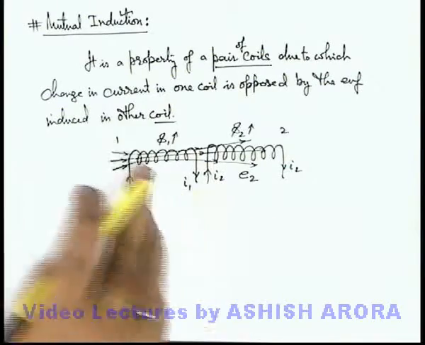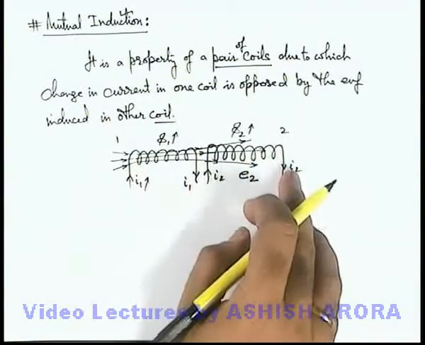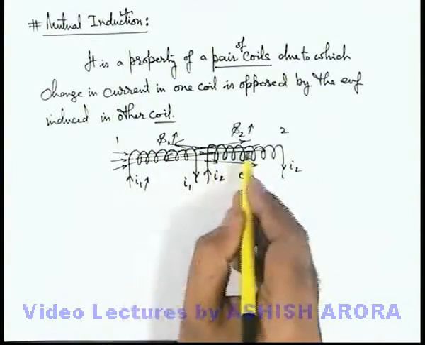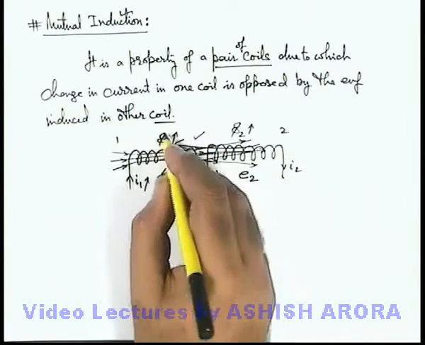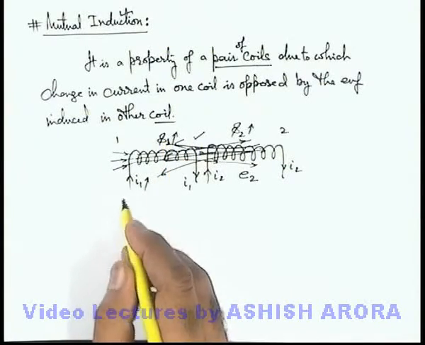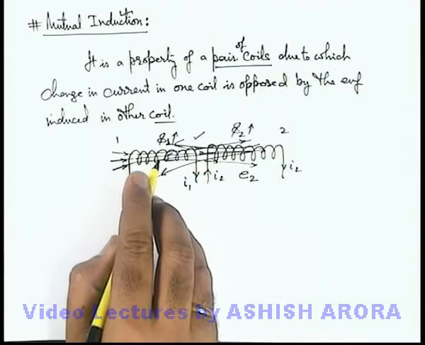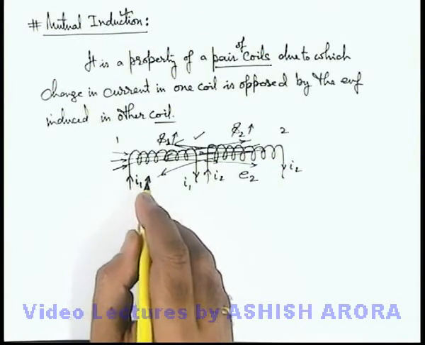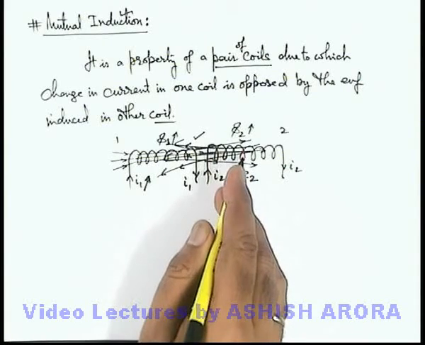So here we can say as the flux is increasing toward rightward direction, the current I2 will be induced in such a way that it will produce a magnetic flux in opposite direction. And this magnetic flux will oppose this phi1. Indirectly we can say the increment in the first coil current will be opposed by this flux which is produced by the current in second coil.